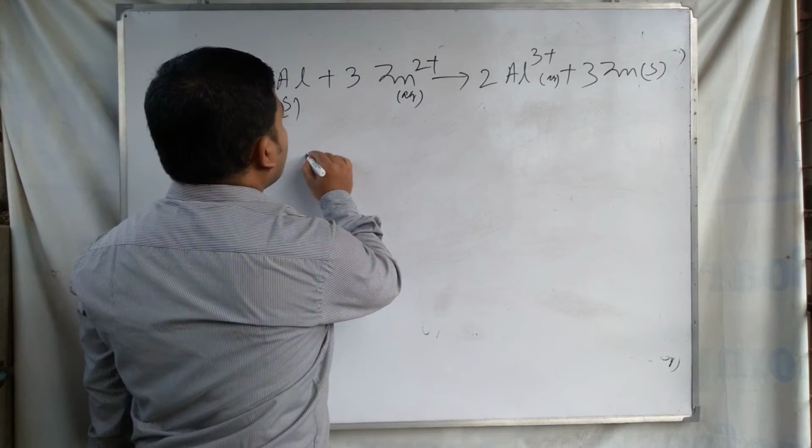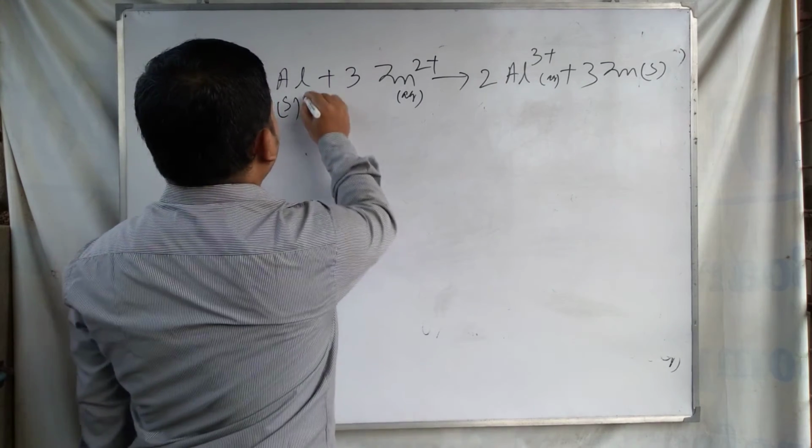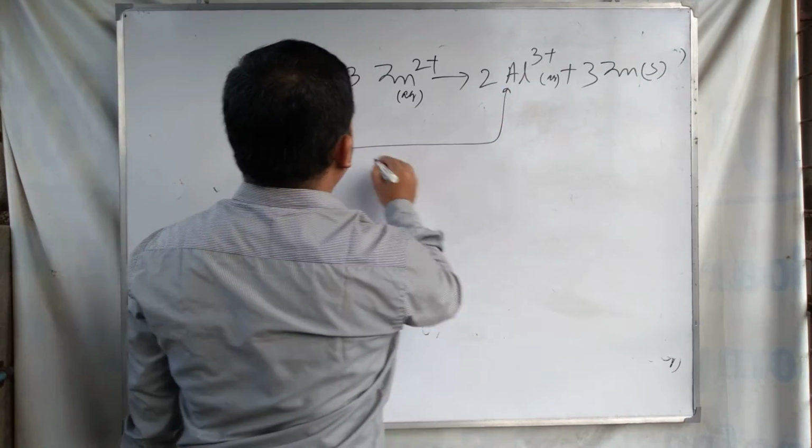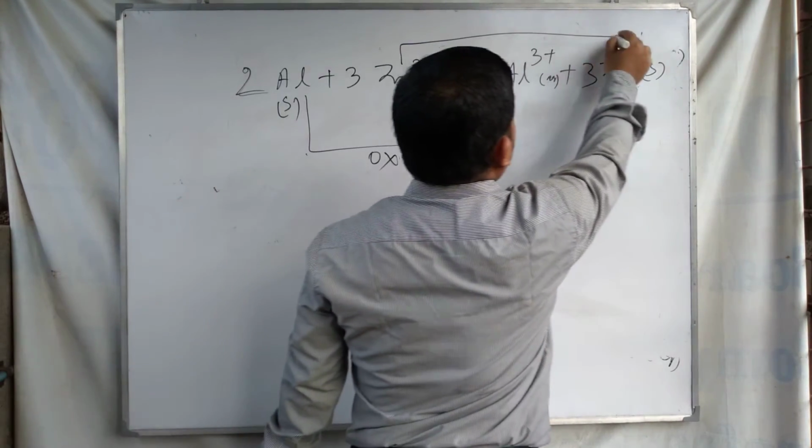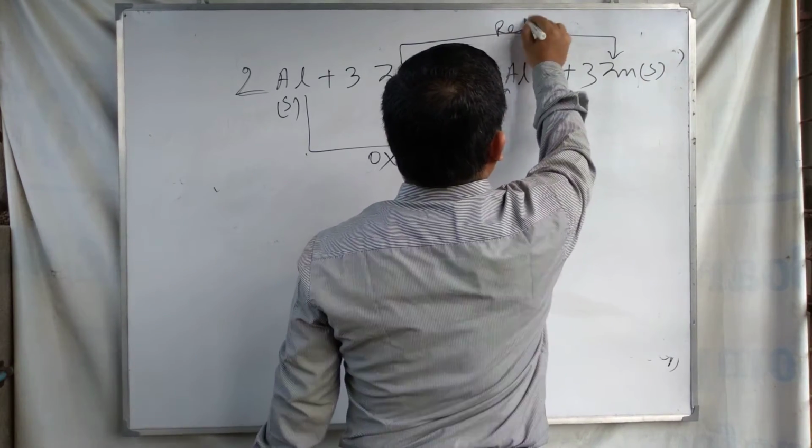We use here the oxidation half, aluminium to aluminium 3 plus, that is the oxidation, and zinc 2 plus to zinc, that is the reduction half.